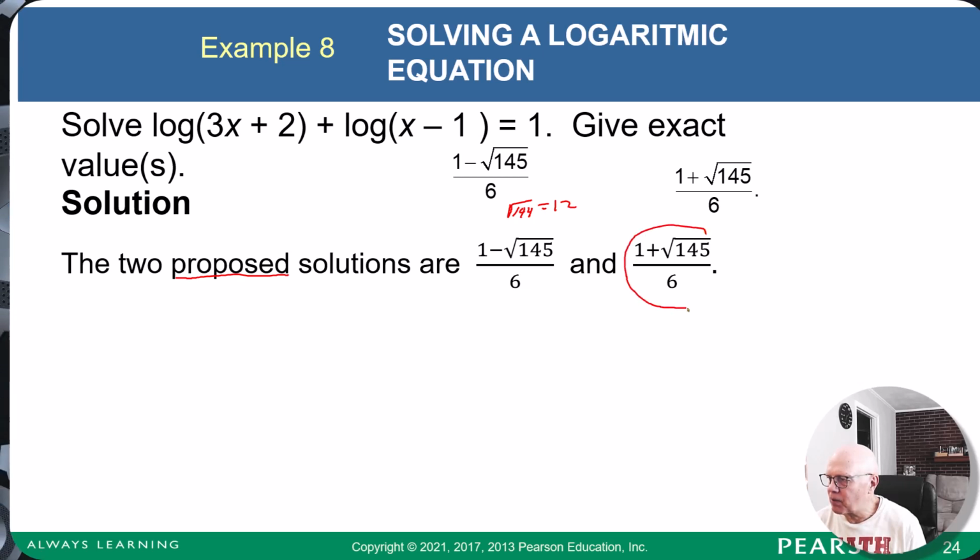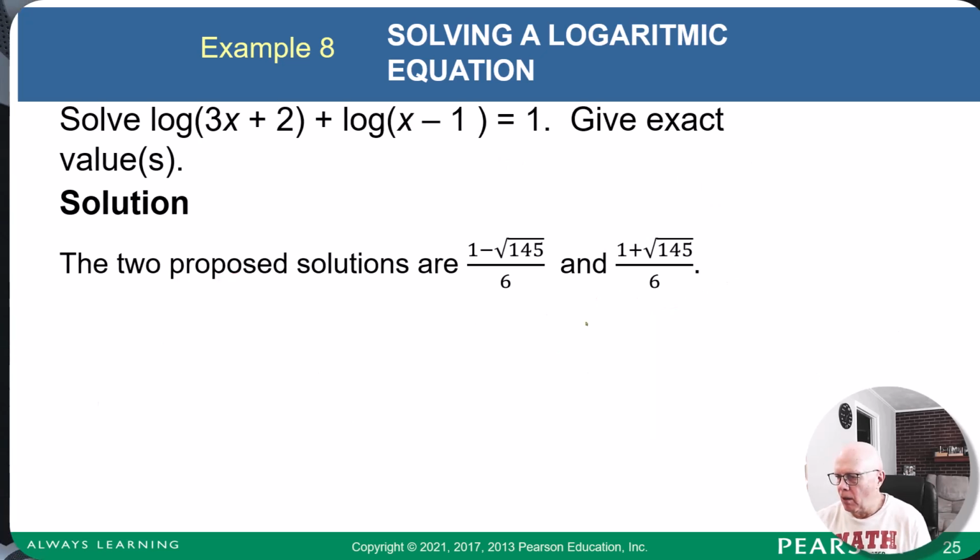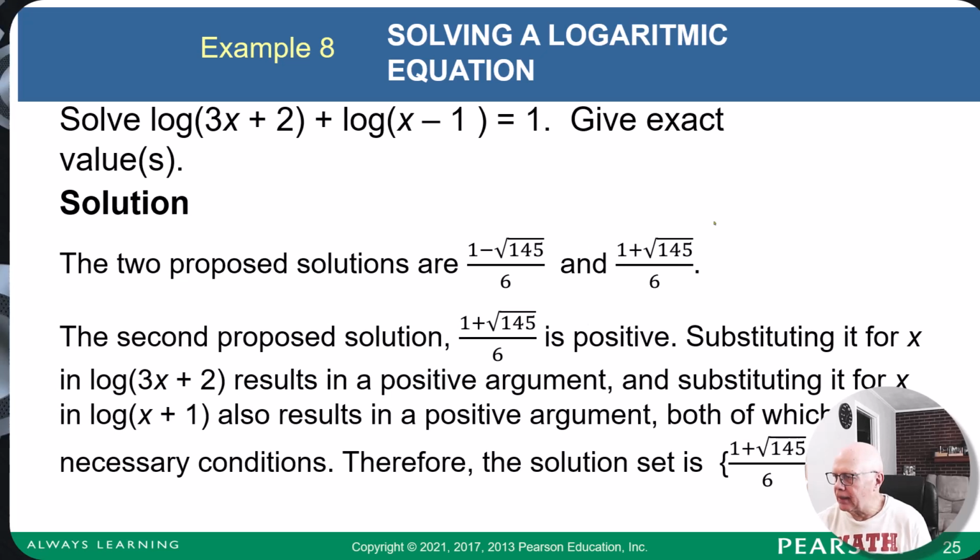However, this positive value will work. Of course, you ought to check it too. So you're going to reject this one and keep the second one. Make sure you're checking it though.